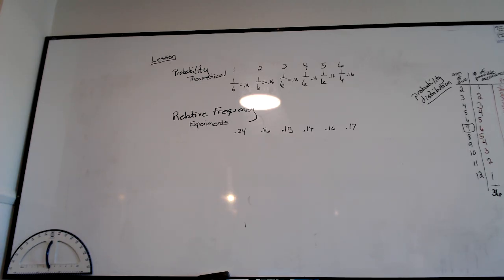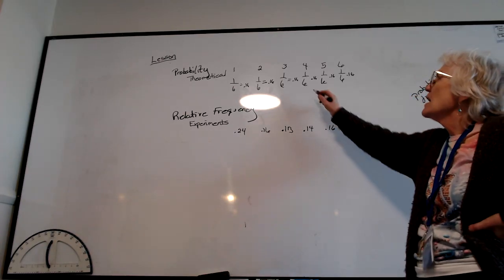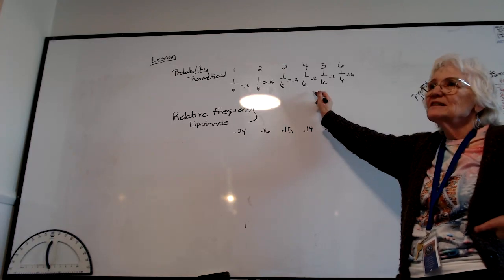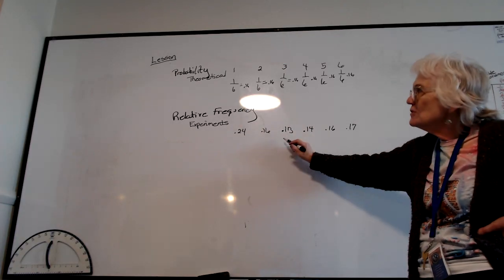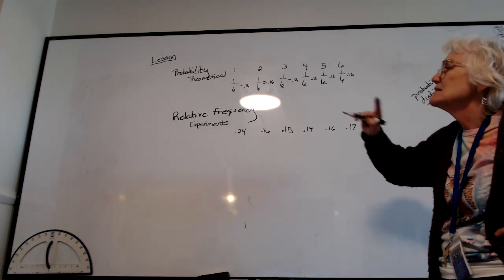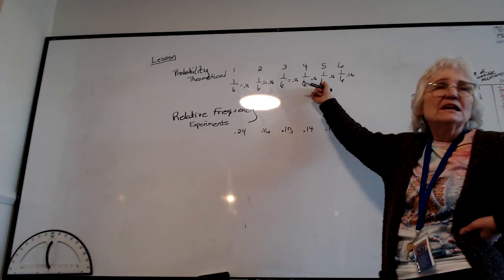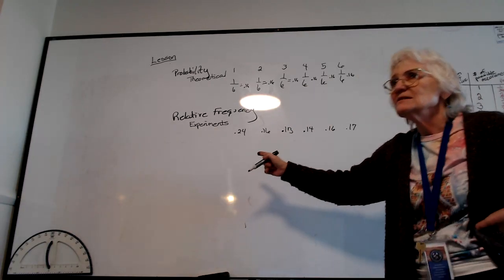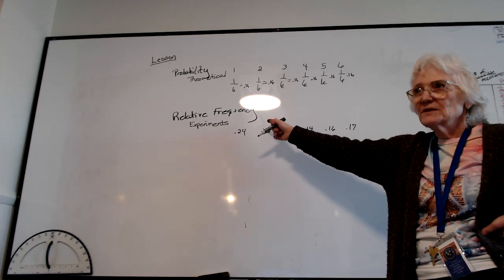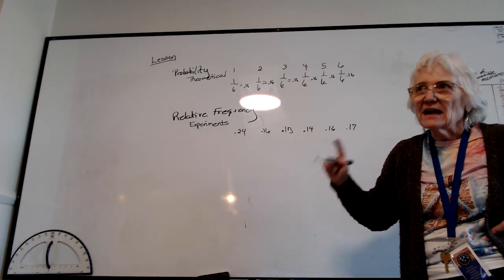Okay, so the theoretical probability and what I get in an experiment might not be exactly alike. If I do these experiments enough times, I will get close to these numbers. The more I do the experiment, the closer I will get. But what this shows is, because they're not exactly equal to theoretical probability, when we use experiments to find our probability of things, it's not exactly accurate.